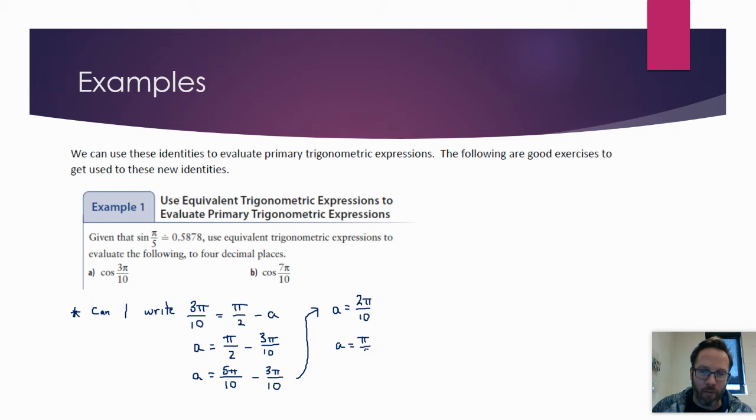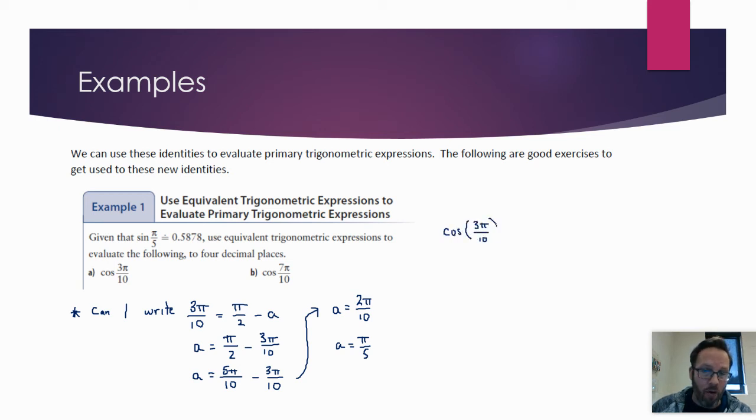What a coincidence. They actually told us what the sine of pi over 5 was equal to. So we can use one of our co-function identities. Which one are we going to use? Well, we're looking for the cosine of 3 pi over 10.